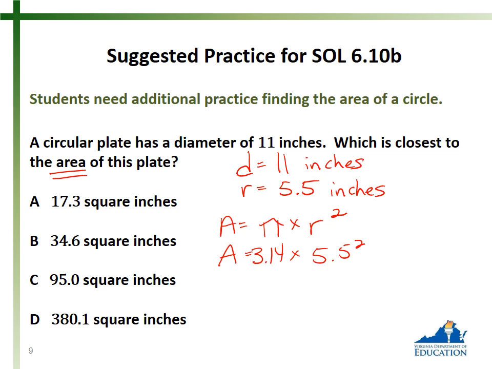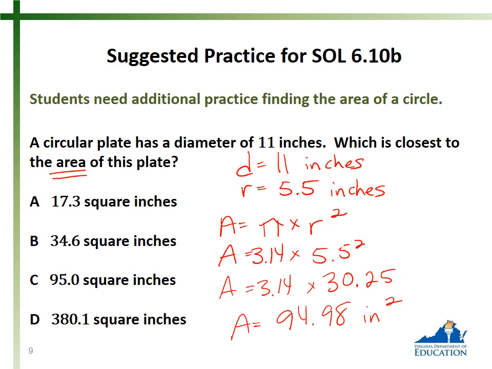So when we do 5.5 squared, it comes out to 30 and 25/100ths times 3.14. So we'll use that estimate for pi there. So it gives us an area of about 94.98 inches squared.